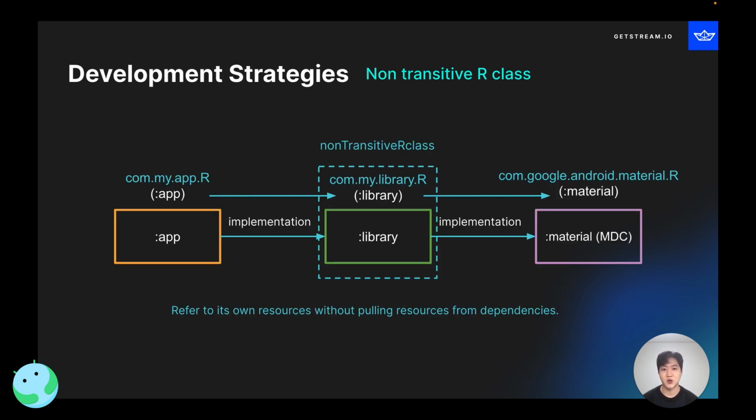After enabling the option, the R classes will not be transferred into dependent modules, and the subsequent modules will have only references to those R classes. This avoids generating a significant amount of code when you build your project, and you can also expect to reduce build time.